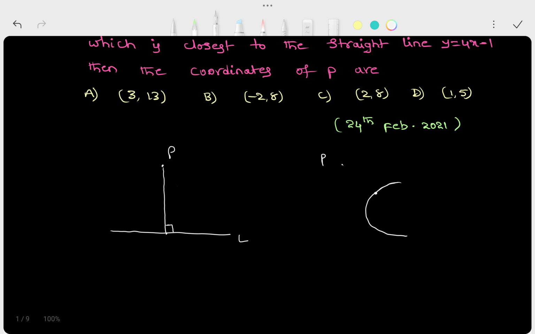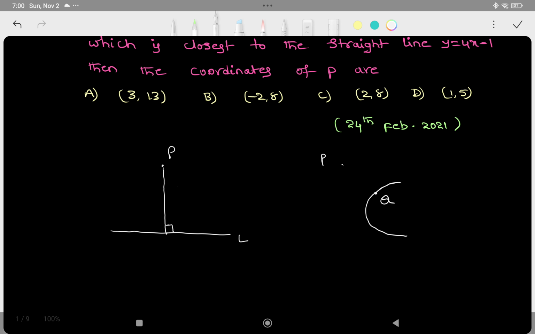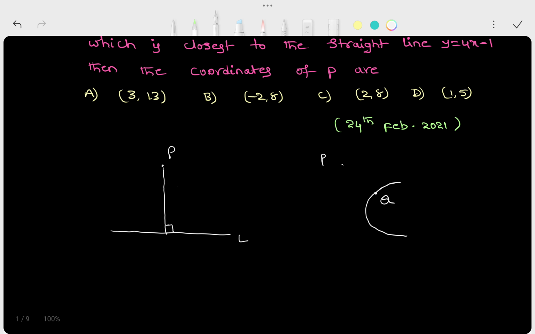Here q is any point on it. If you draw the tangent at the point p, then the perpendicular distance from p to this tangent is nothing but the shortest distance from the point to the given curve.